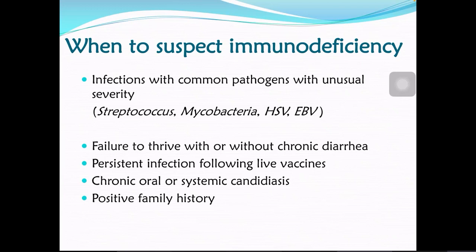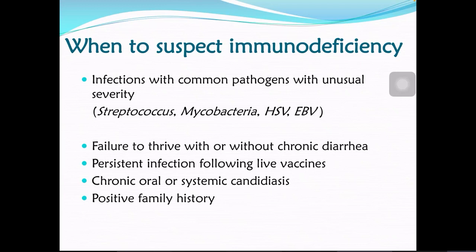They can sometimes develop infection following live vaccines, and the live vaccines that they can develop infections from are things like BCG, which is given in our country, but if you go to the West, BCG is not a mandatory vaccine, and the live vaccines that they would get would be the mumps, measles, rubella, and patients may develop infection with such vaccines.